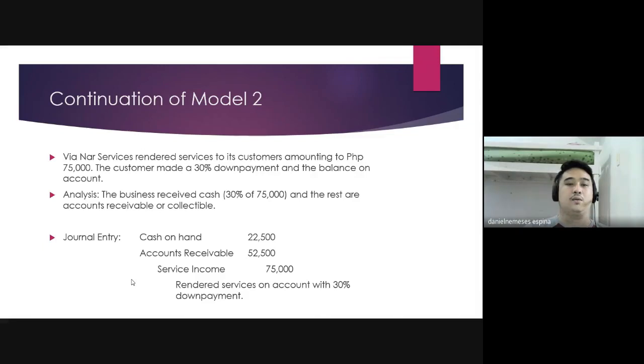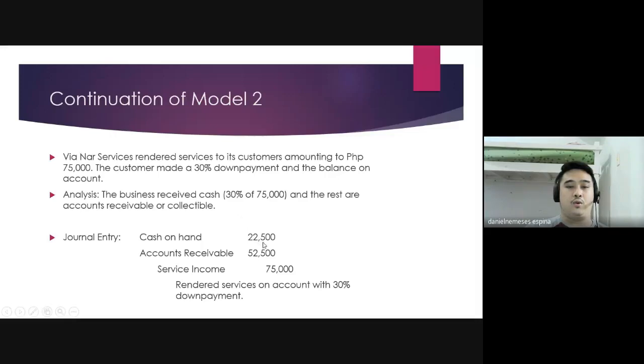So for the analysis, the business received cash, right? It received cash worth 30% of 75,000, while the rest is accounts receivable. So what is 30% of 75,000? If you calculate, that is equivalent to 22,500.